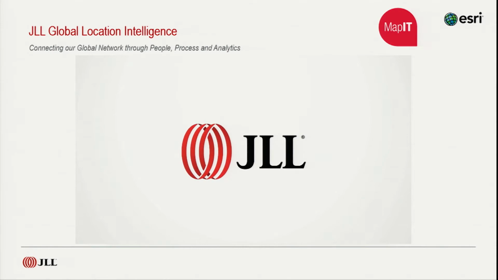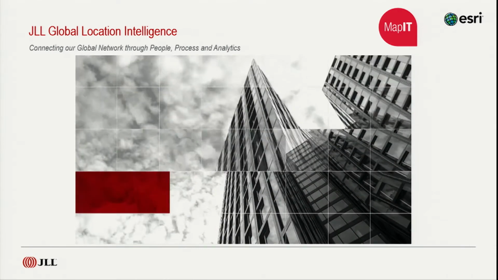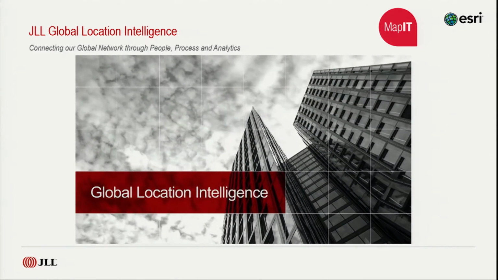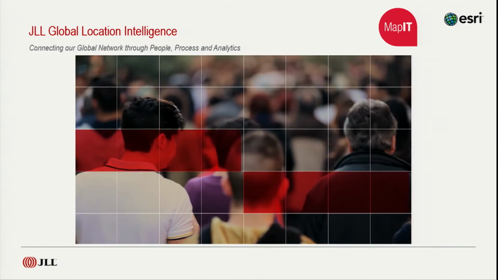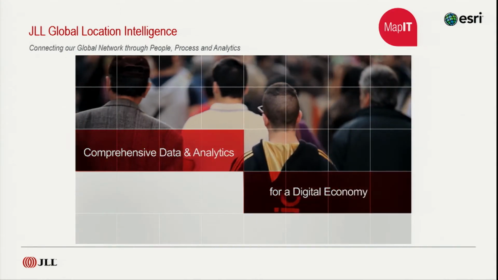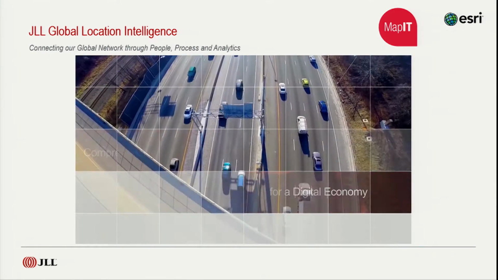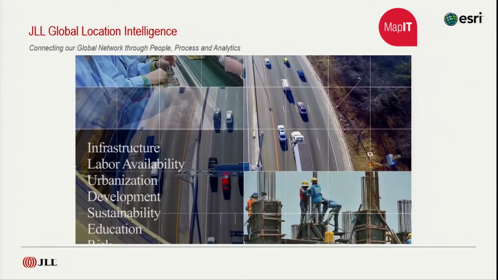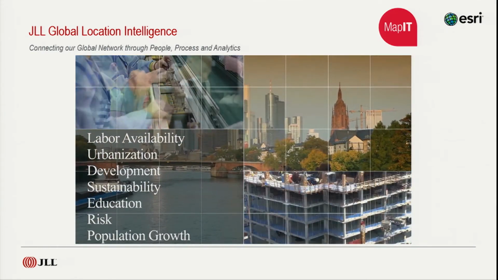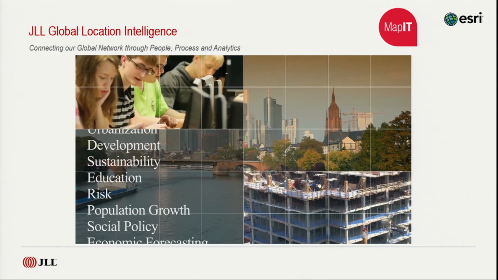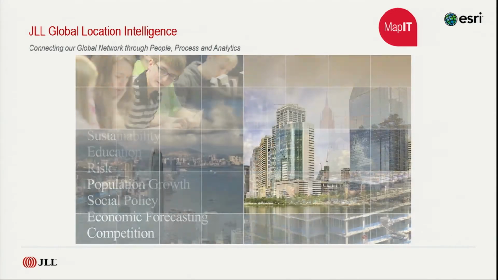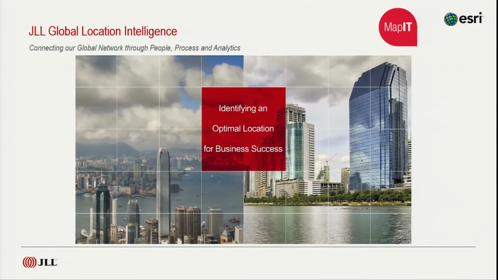Global location intelligence, a network of people, process, and analytics. These are the tools that we leverage across JLL through our partnership with Esri and AGOL. We call it MapIt. MapIt is more than just ArcGIS Online.